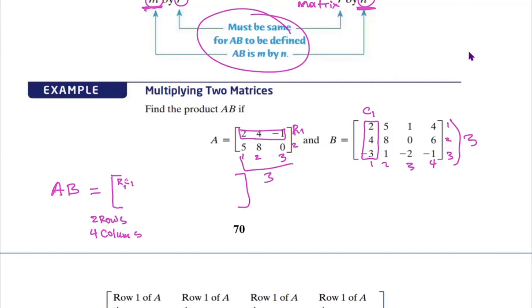So I'm going to multiply 2 times 2 is 4, 4 times 4 is 16, and -1 times -3 is +3. So that's 16 plus 7, 23.